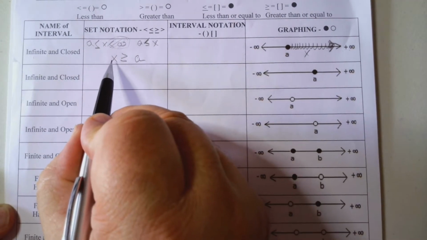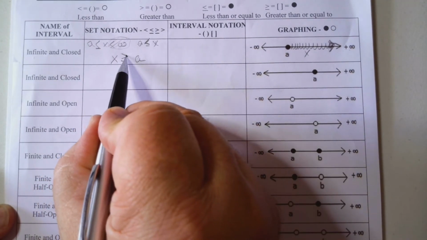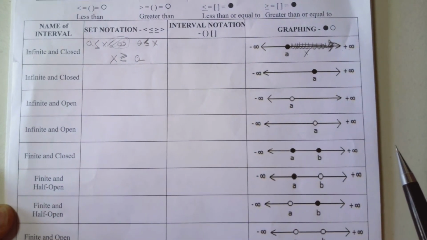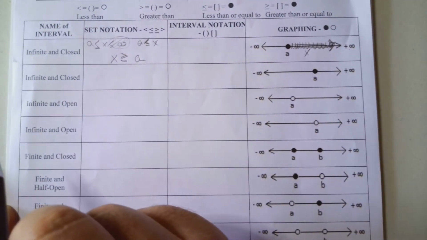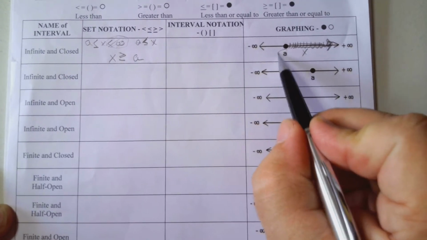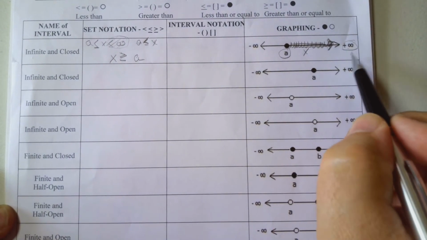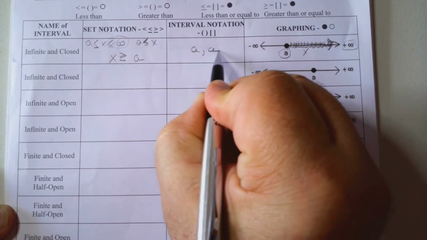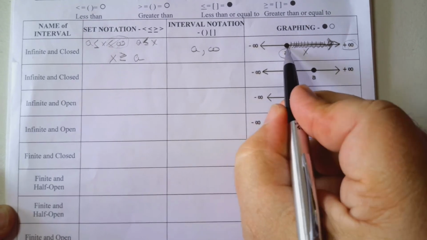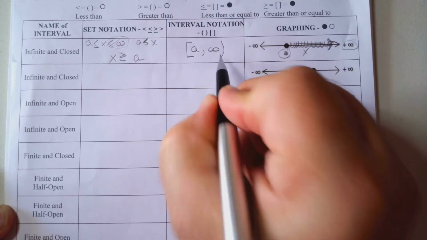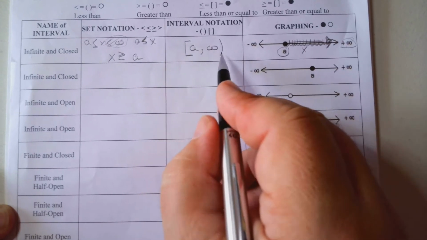Whenever x is on the left-hand side, the direction of the arrow tells me the side I'm shading. That's set notation. Interval notation, I only look at the endpoints. I start at a, end at infinity. So I put the beginning and the end. That's a solid, so it's a bracket. I never can get to infinity, so it's always a parenthesis.